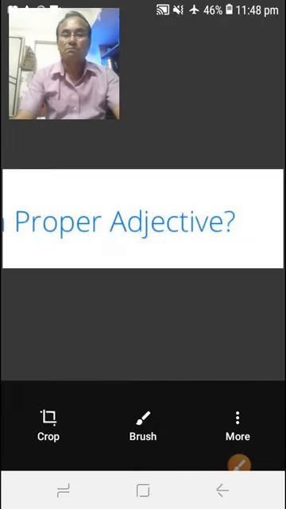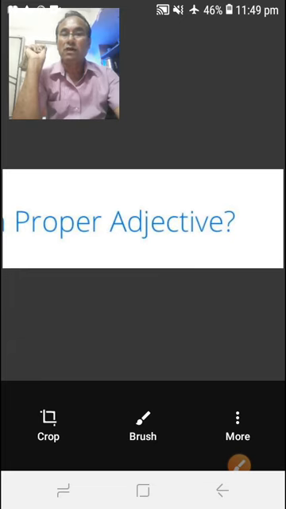Now proper adjective. It also demonstrates which kind of noun it is, because the proper adjective has come from a proper noun. That's why it is called a proper adjective. Let's see. A proper adjective is a modifier that is formed from a proper noun.